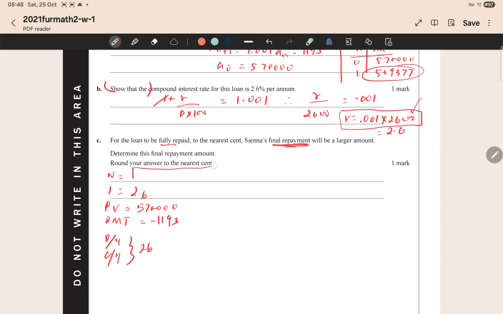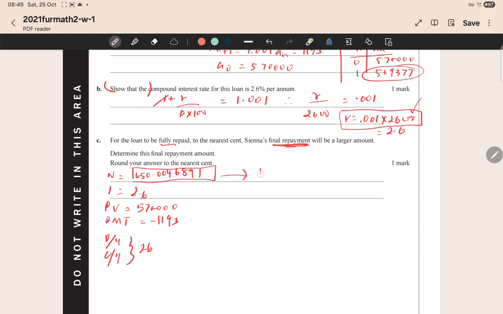When we put that into the calculator, we get n equals 650.0046891.